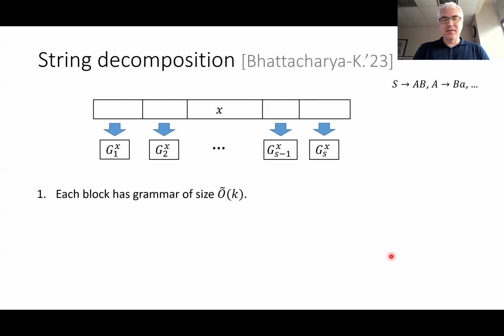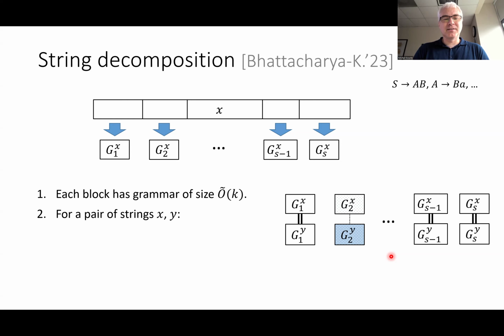But that's not all. There are more properties of this string decomposition which are important for the sketching application. When you take two different strings x and y, and you run this string decomposition on each of them independently, with high probability you end up with a decomposition which is compatible with the edit operations.